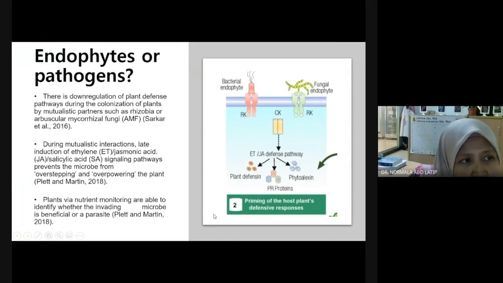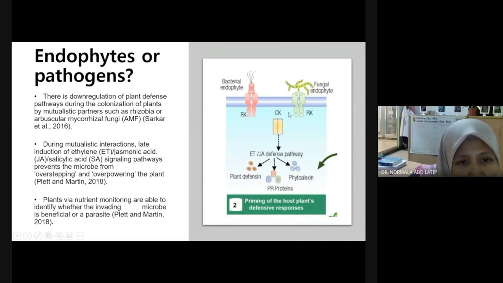So how do they recognize whether one is an endophyte or a pathogen? They have receptor kinases, and these receptor kinases are able to recognize whether it is a bacterial endophyte or a fungal endophyte.